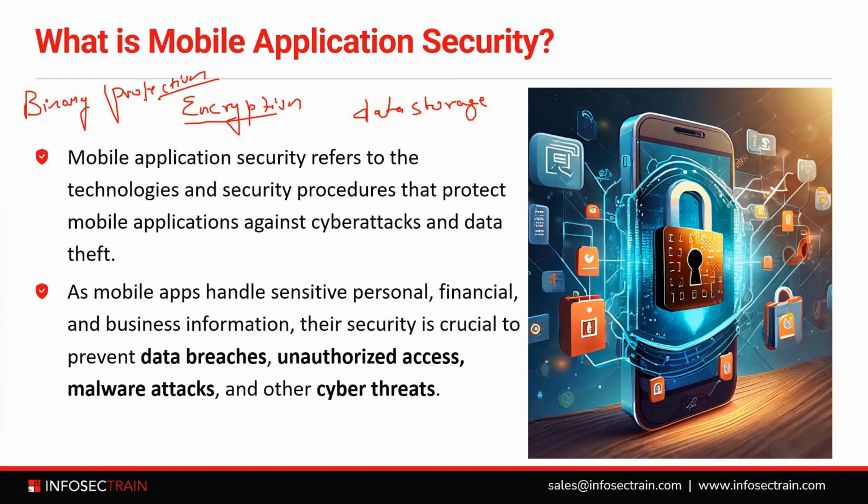So anti-reversing techniques are not enforced, anti-debugging techniques are not enforced. So the attacker can put the application in the debugger, run it, and find out how it's working, what the code of the application is, how step by step things are going on, everything. So that's binary protection, right?